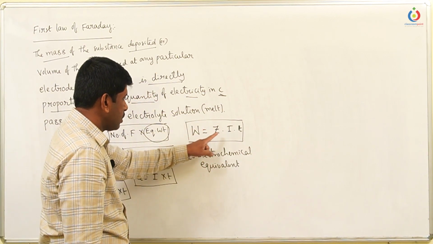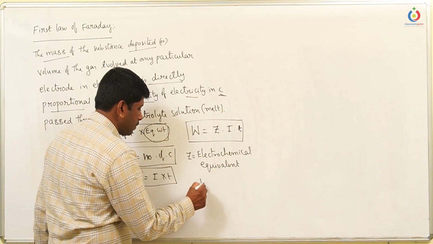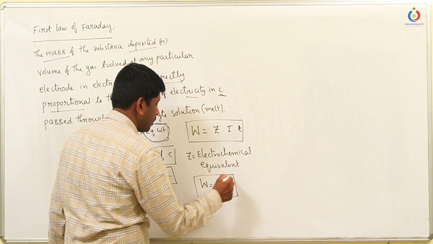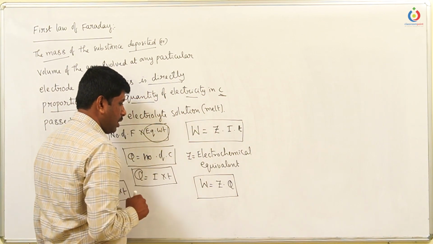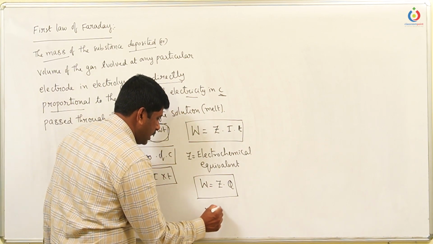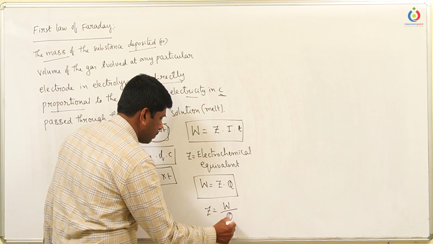Instead of I into T, we can also write W equals Z into Q. Now let us define what the electrochemical equivalent is. Here Z can be written as Z equals W by Q.